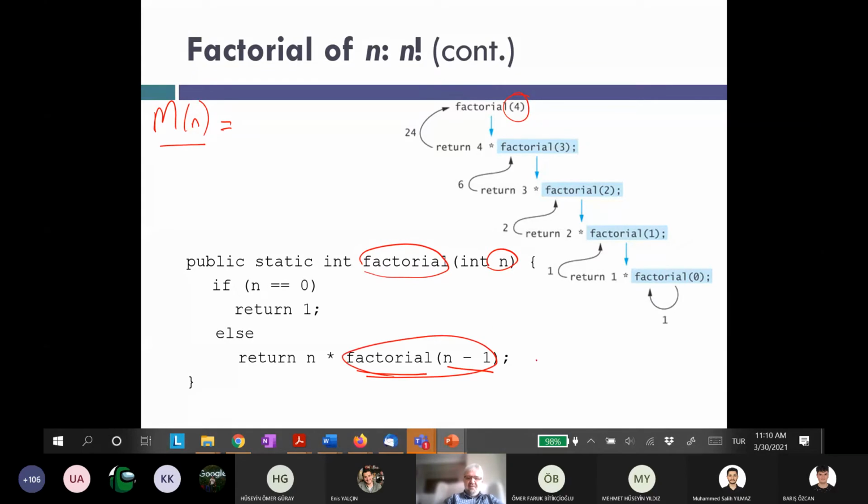Here we perform M(n minus 1) multiplications, right? And we have one more multiplication here. So the number of multiplications will be M(n minus 1) plus 1, for this multiplication, plus 1.